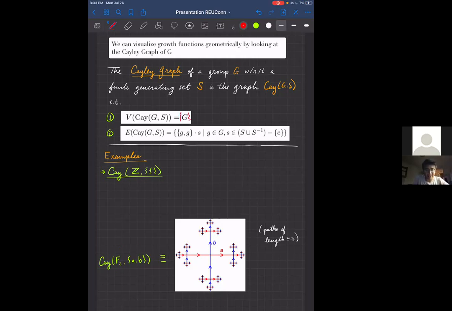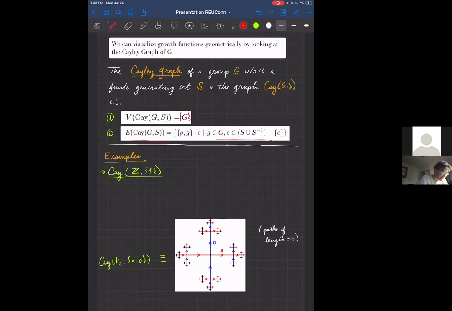And the set of edges in our Cayley graph, this looks convoluted, but the set of edges in our Cayley graph are such that any two vertices are connected if and only if we can reach one from the other by one application of a generator.